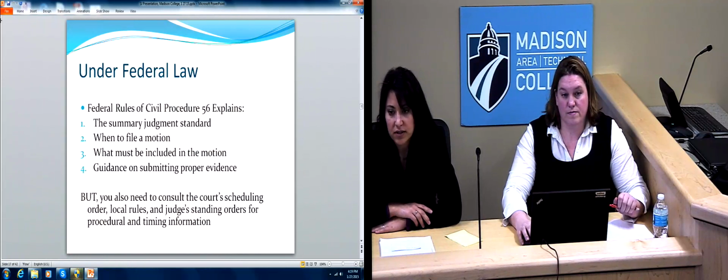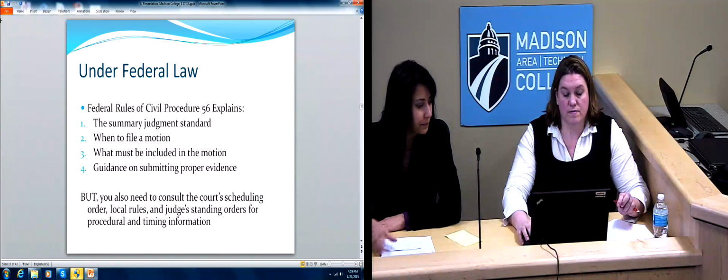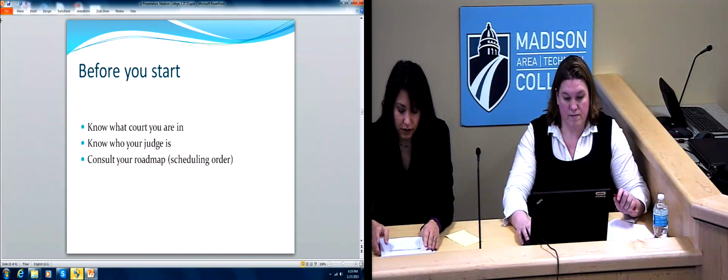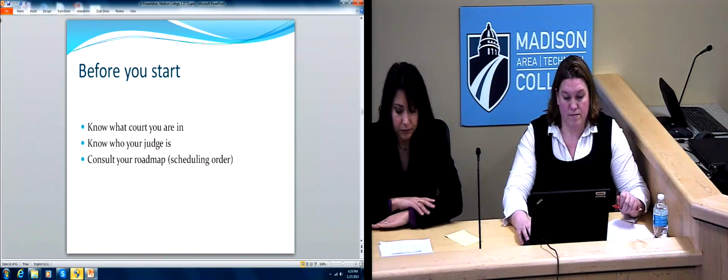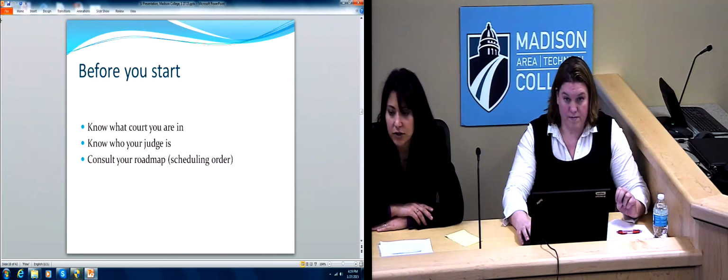Every time you go into summary judgment, make sure that you are doing what you're supposed to be doing and filing what you're supposed to be filing. Again, consult your scheduling order, local rules, and standing orders. Before you start, know what court you're in, know who your judge is, and consult your roadmap, which is your scheduling order.